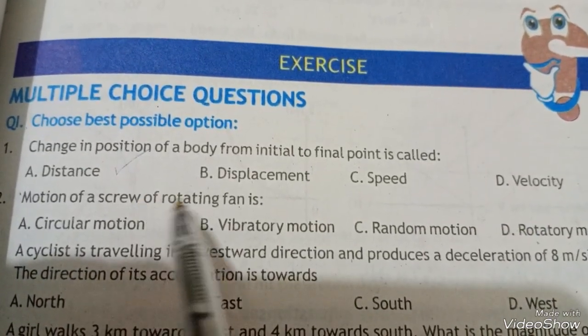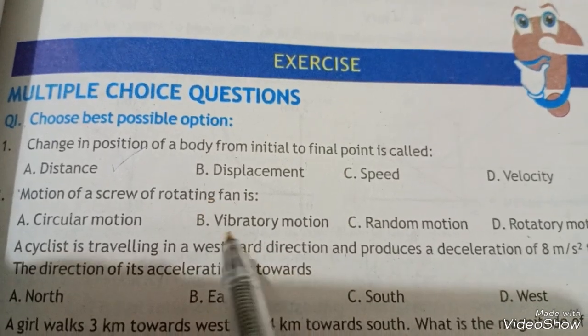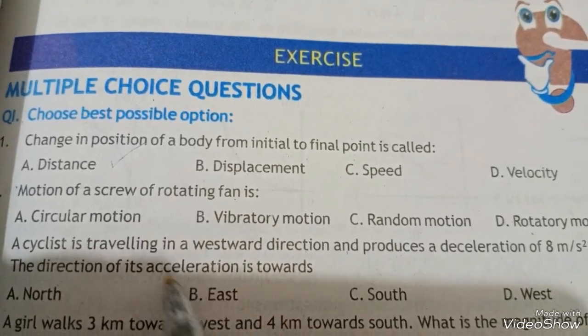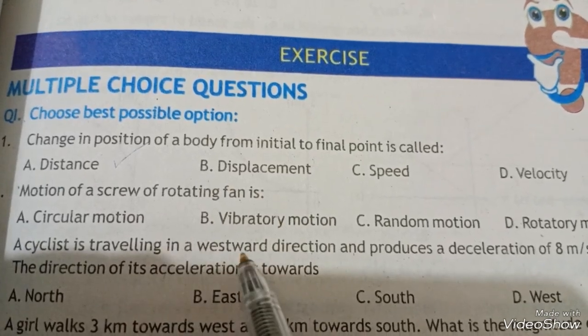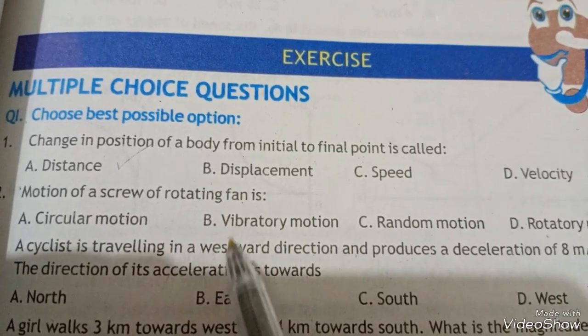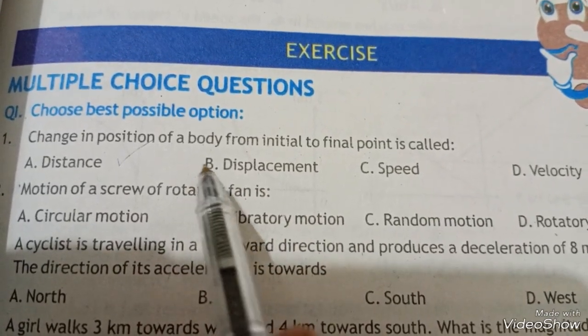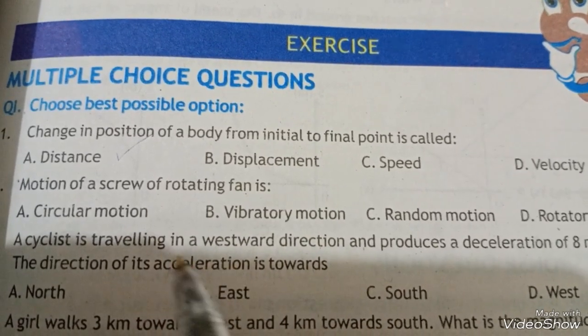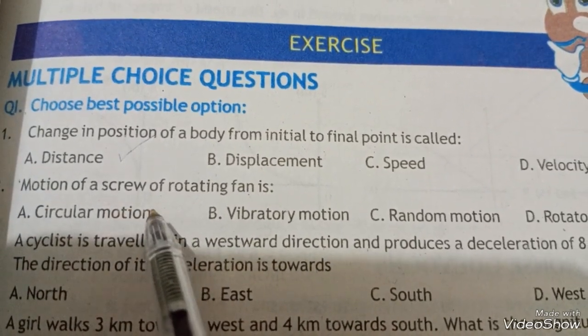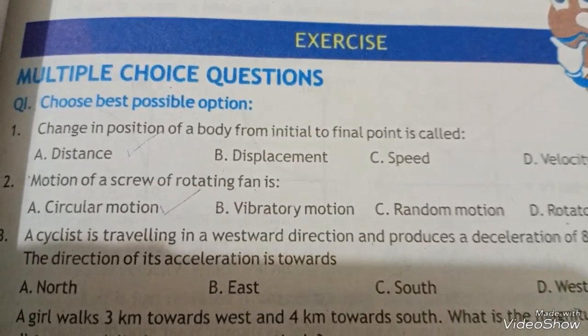The screw of a fan is in circular motion around the center of the fan, so the screw will be in circular motion. So here we go, option A is the correct answer.